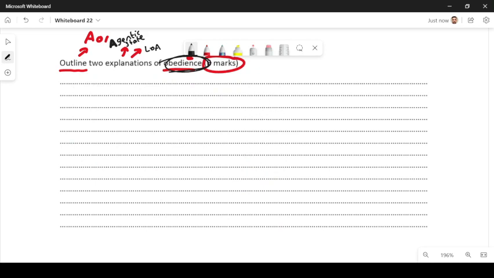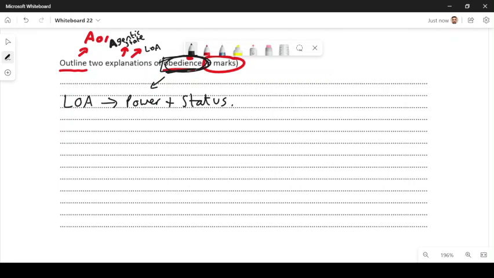Then I would move on to the second explanation, which I chose was the legitimacy of authority, or the legitimacy of the authority figure. So I'm just going to put that to simplify it for a second. So this one is when you want to say people obey, so again straight into linking to obedience. They obey people maybe with power and status.